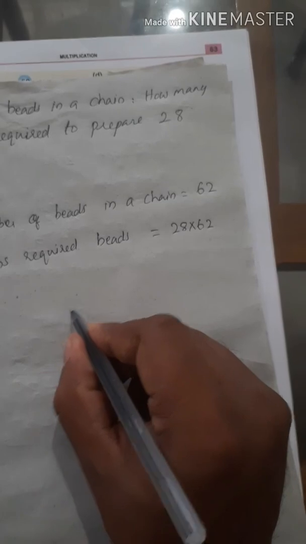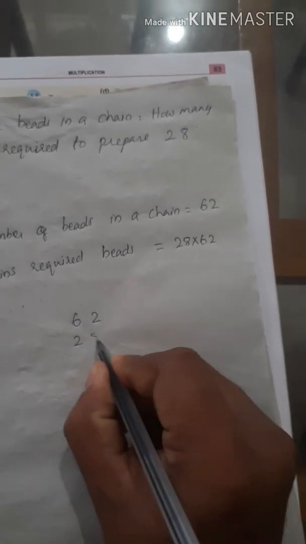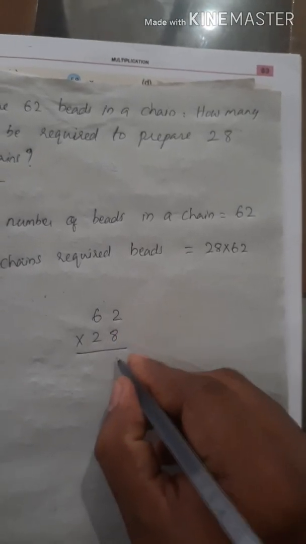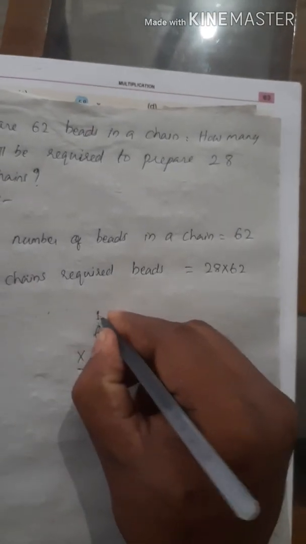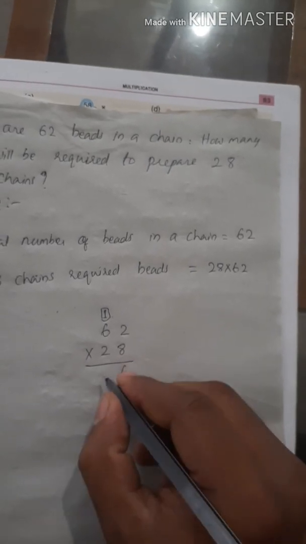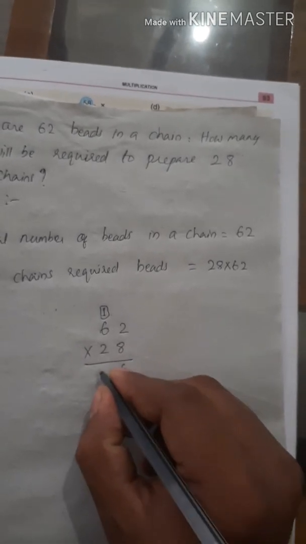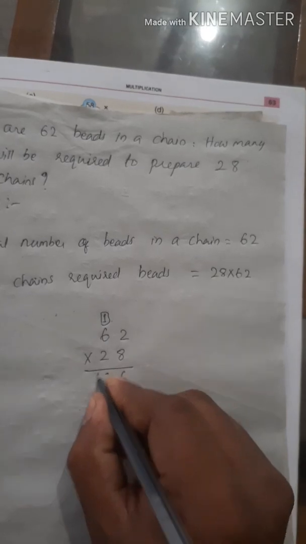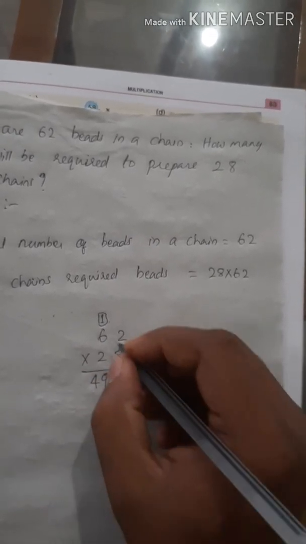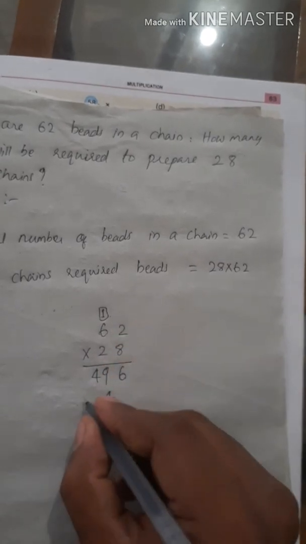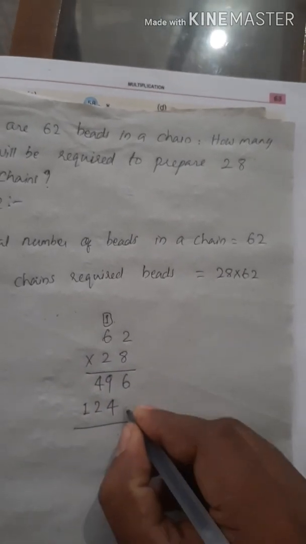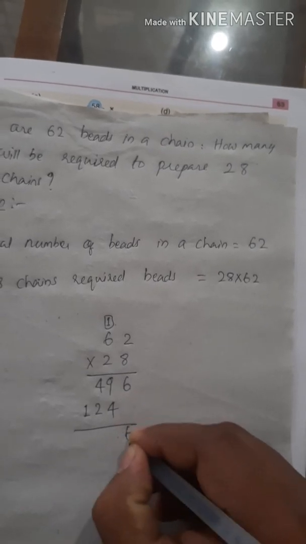So let us check 62 into 28. Ones column first, 8 into 2 is 16. 1 is carried forward to the next column. 6 into 8 is 48. 48 plus 1 is 49. Next 2 into 2 is 4. 6 into 2 is 12. You can write directly here down.